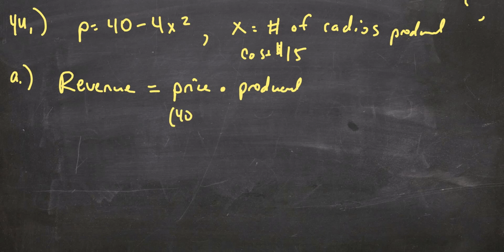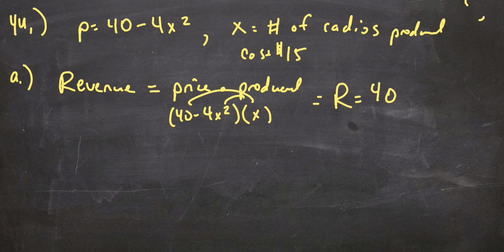Where I'm going to put 40 minus 4x squared times x. So I have to use distributive property. So A is just going to give me my revenue is going to equal 40x minus 4x cubed. And that's it for A.